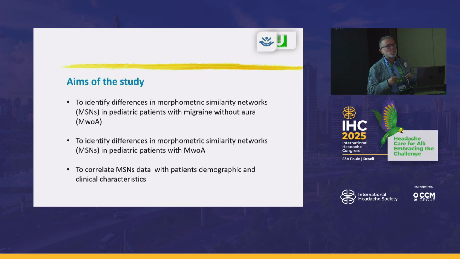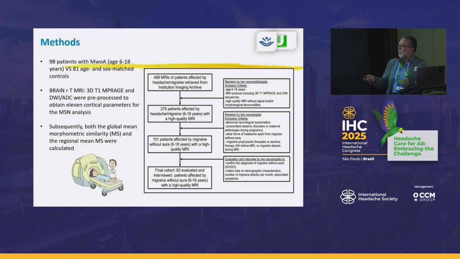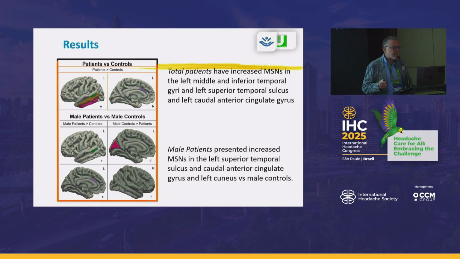We would have liked to find the difference in morphometric similarity networks between patients with migraine without aura and controls, and to link some findings of MSN with the characteristics of migraine. Here are our methods. We studied 98 patients with migraine without aura against 81 control subjects. And here are our results.